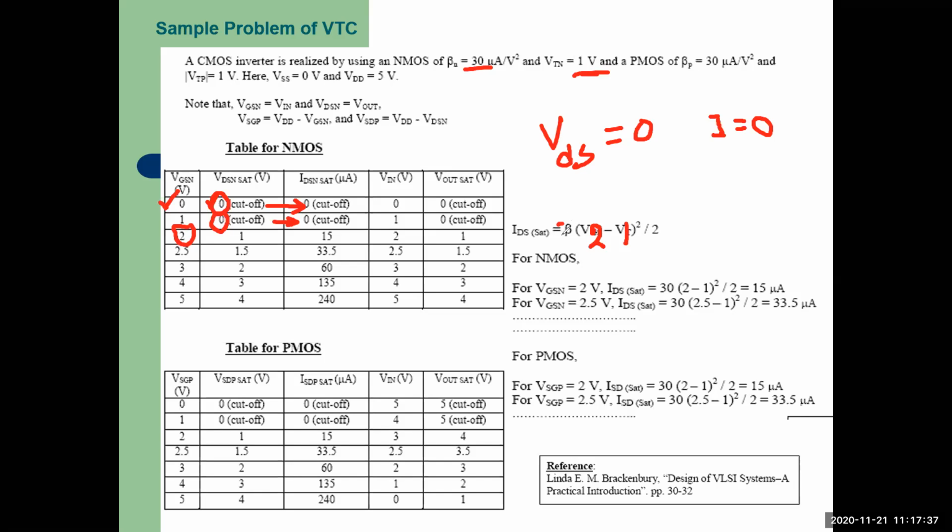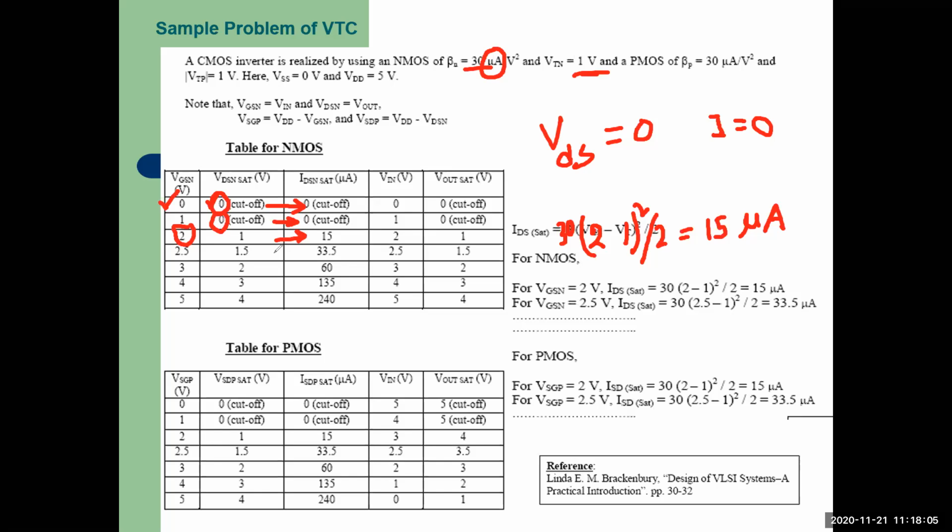So 30 into (2 minus 1) whole square divided by 2. So you got 15. What is the unit? Whatever the unit you have for beta, you have the same unit here: microampere. So it is 15 microampere.